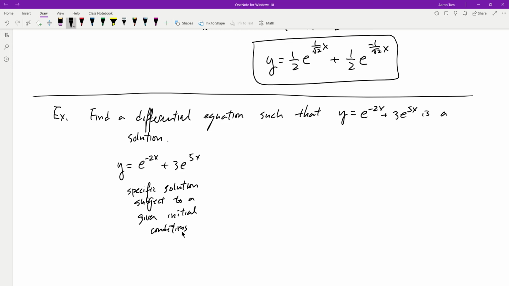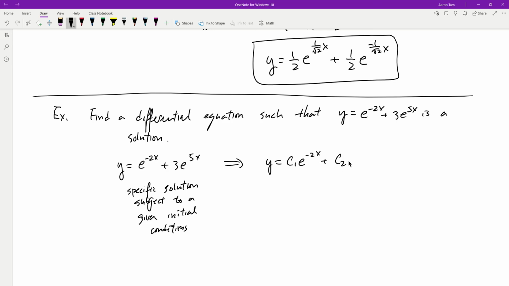It seems to me that this solution has two different terms, e to the negative 2x and e to the 5x. The tricky part is we actually don't know if there are other terms or not. And you might be thinking, well, obviously we know because we don't see them. But the problem here is that we don't know if we have another term that might have a 0 coefficient in front because of the initial condition.